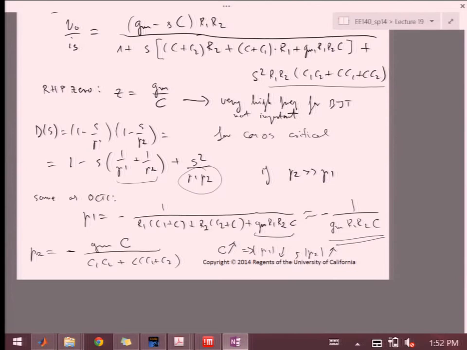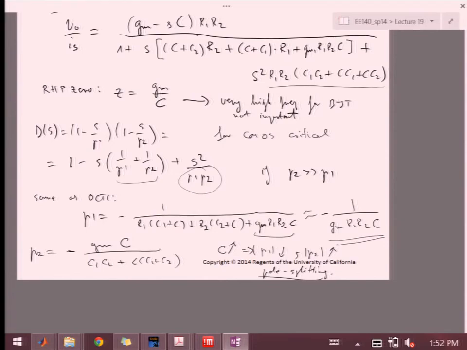Okay. So this is exactly what we call pole splitting. By adding this C from CGD or C mu, turning it into something that's 100 times more or 1,000 times more, now I actually start splitting the poles.